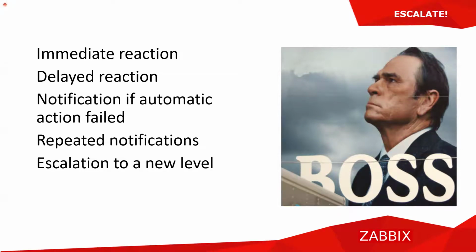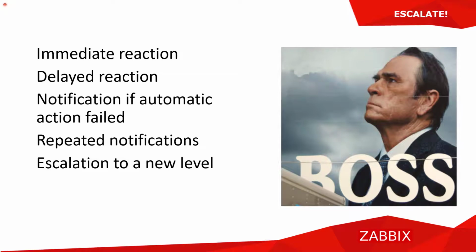Notification if an automatic action failed, so you will get a notification about that. Repeat notification, so you can send notifications as much as you want, but make sure not to overdo it and spam somebody. And of course, escalation to a new level.